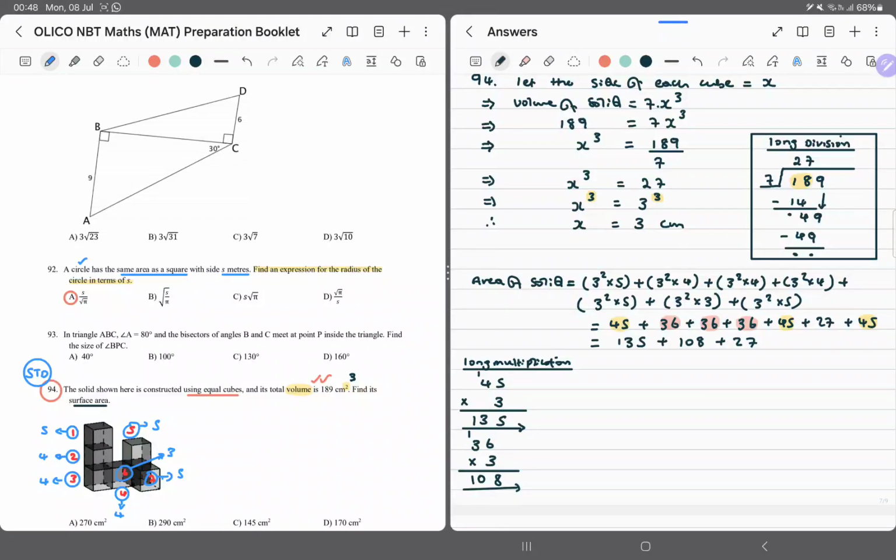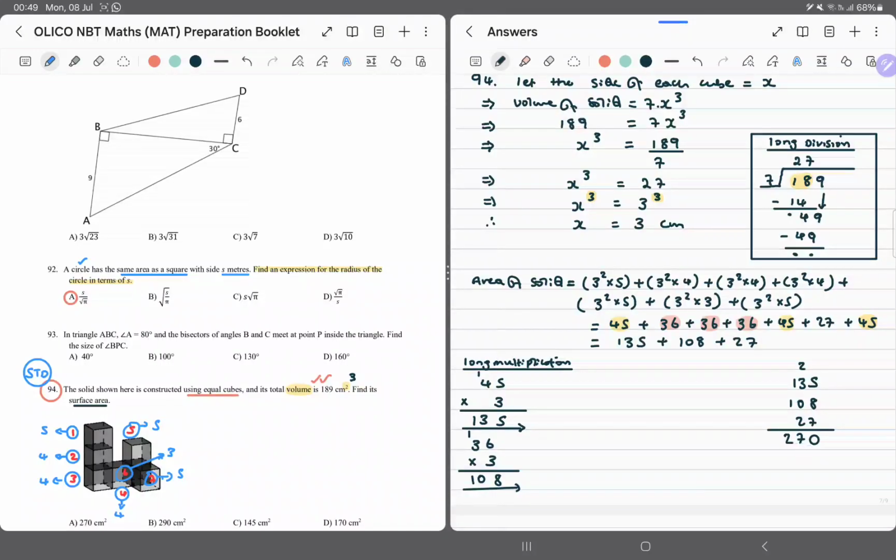Now all we need to do is just to take some simple addition. So we've got 135, 108, 27. Organizing this one in tens. So 5 plus 8, that's 13. Plus 7, that's 20. So we put 0, and then we carry 2. Then we've got 3 plus 0 plus 2, that's 5. Plus 2, that's 7.